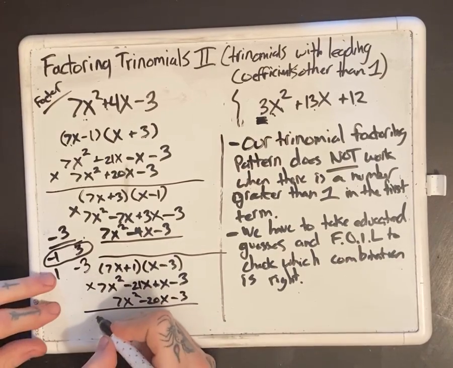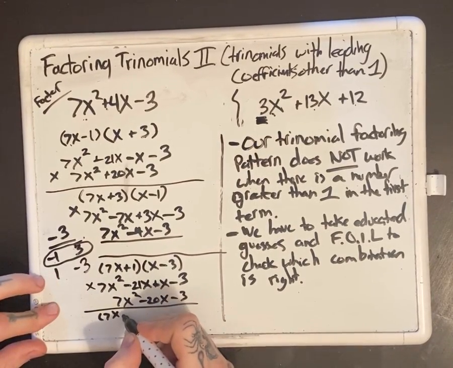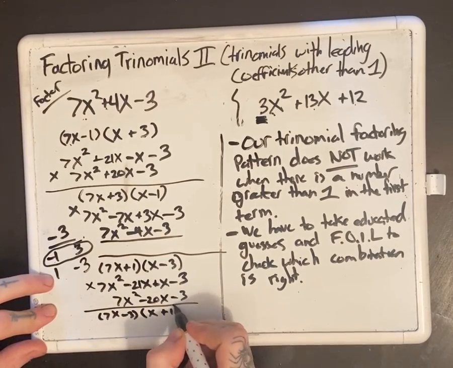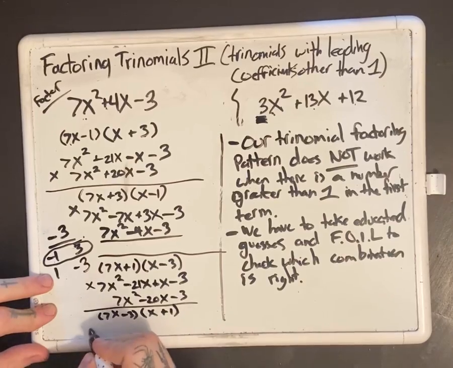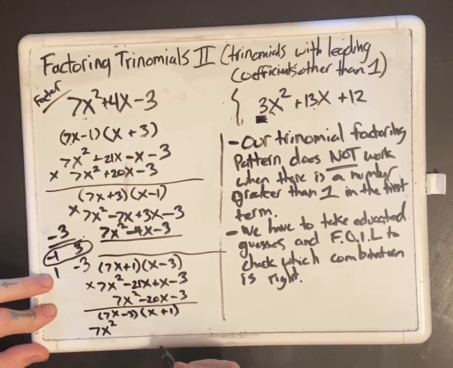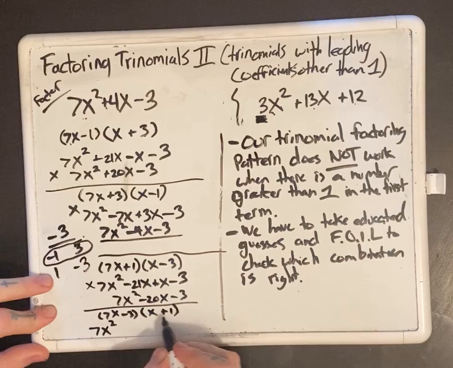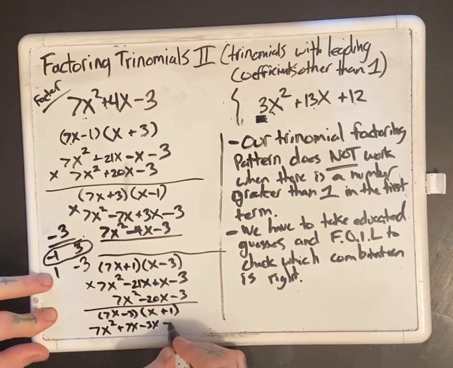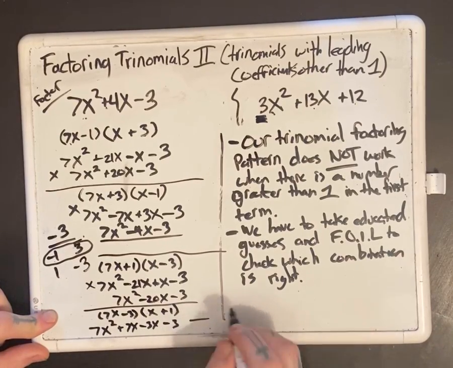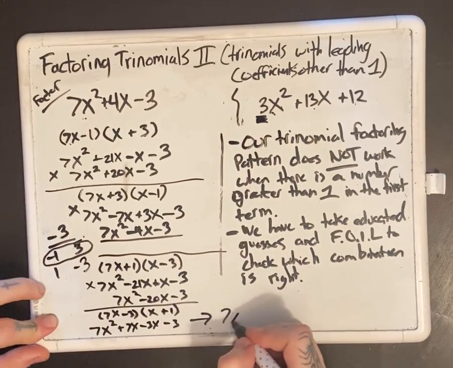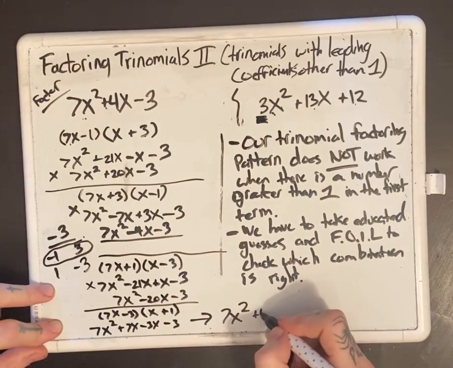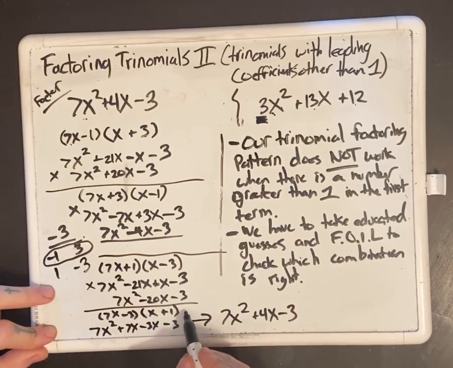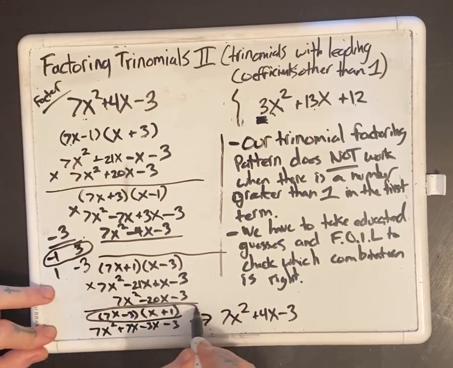Okay, let's move on to the last one. 7x minus 3, x plus 1. So that's going to give us 7x squared plus 7x minus 3x minus 3. And that gives us 7x squared plus 4x minus 3, which was our original trinomial, so the factor is right here.